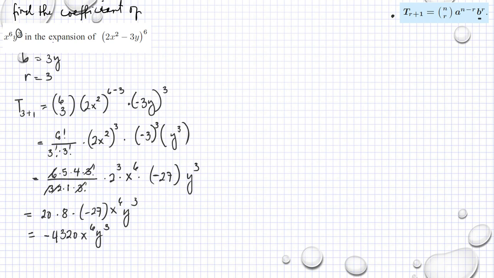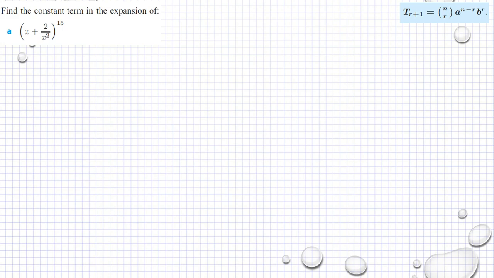Okay, some more example. Find the constant term in the expansion of this one. So we have our a once again, that's x. Our b is equal to 2 divided by x squared. Our n is equal to 15.